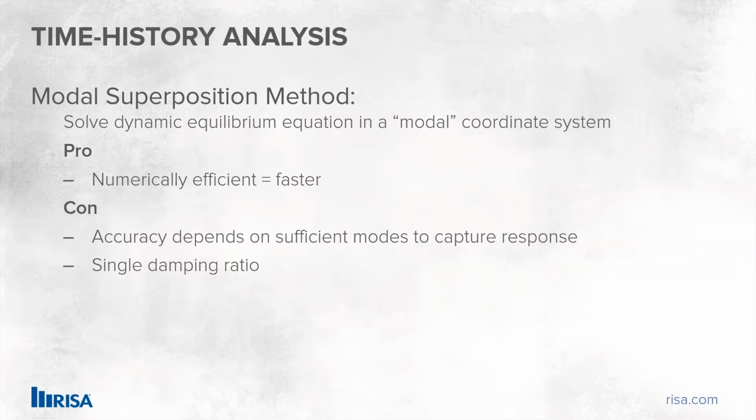This way is more efficient compared to the direct integration method, and it's going to save you a lot of time. But the con is that it highly depends on the engineering judgment of the modes that you're going to take. So you want to make sure that you capture sufficient modes so that this method can be accurate. And also you can vary the damping ratio for this.